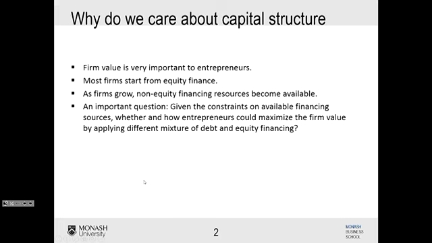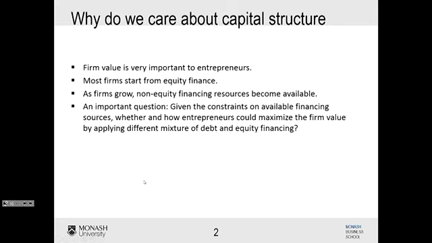So as a firm grows, new financing resources gradually become available. Gradually become available. It doesn't jump in all at once. You have to either show that you have made some profit, that you can pay back the interest, or show the potential that you are going to pay back.